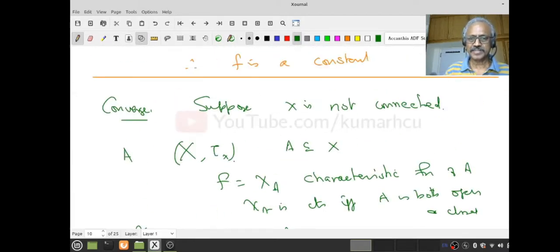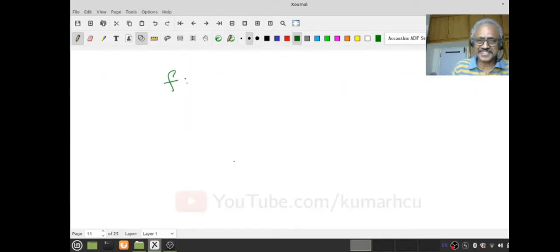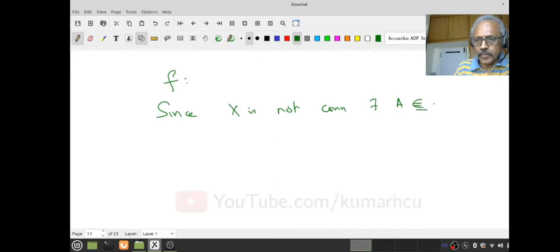If it's not connected, that means there is a subset, call it A, which is both open and closed. You understand that? Since X is not connected, there exists a subset A of X so that A is both open and closed, right?